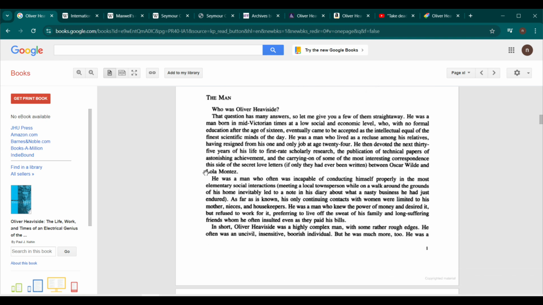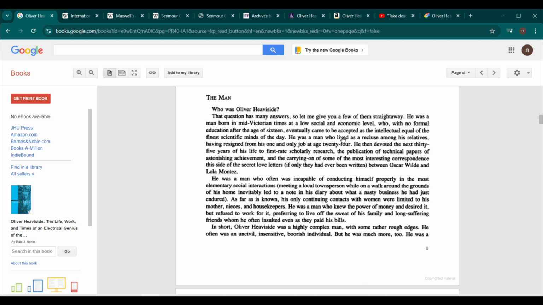So, who was Oliver Heaviside? That question has many answers, so let me give you a few of them straight away. He was a man born in mid-Victorian times at a low social and economic level, who, with no formal education after the age of 16, eventually came to be accepted as the intellectual equal of the finest scientific minds of the day.